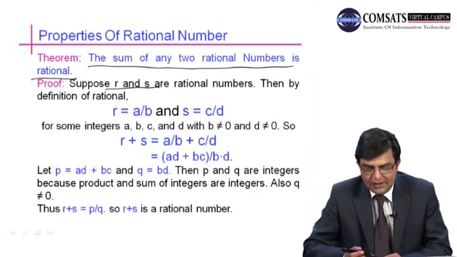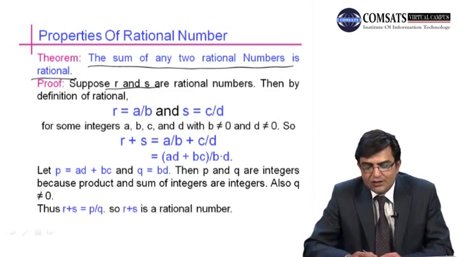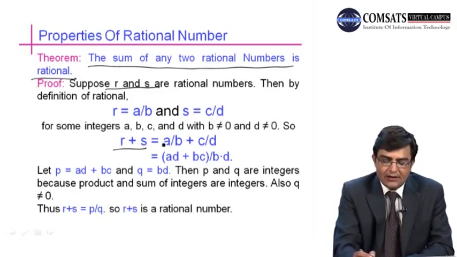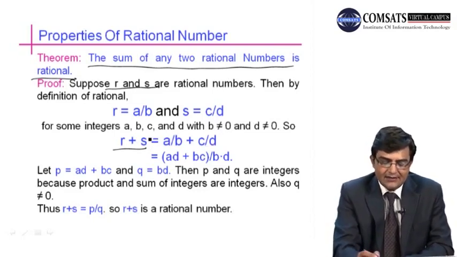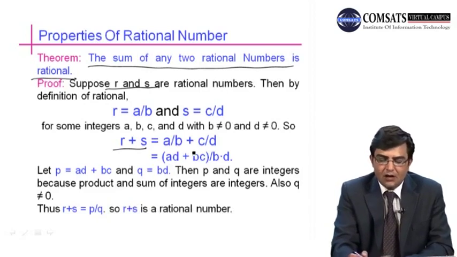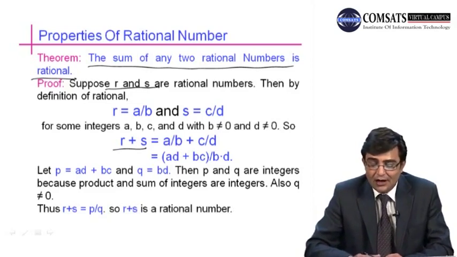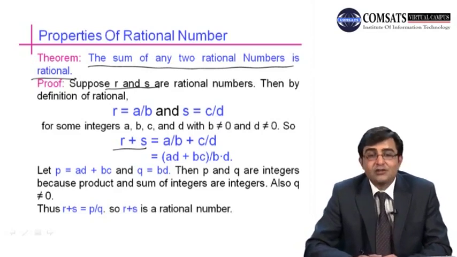Now we have two rational numbers. So we have to prove that the sum of these two rational numbers must be a rational number. What we do, we take the sum of R and S. R is A over B, and S we can write as C over D. How do we add two numbers which are in quotient form?